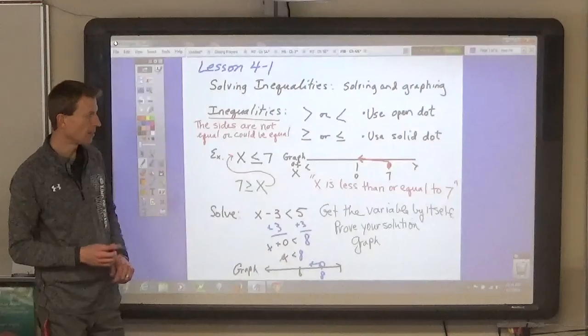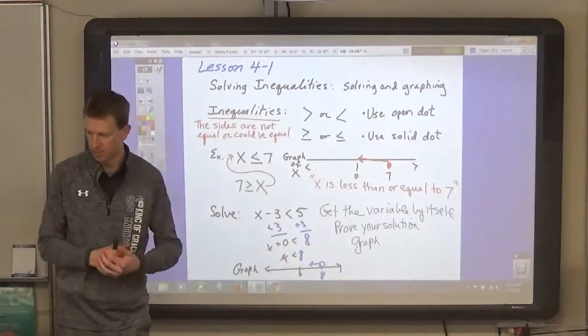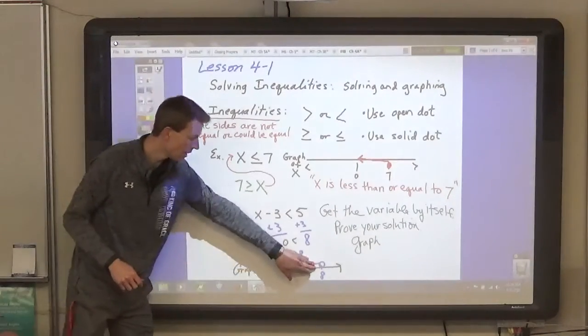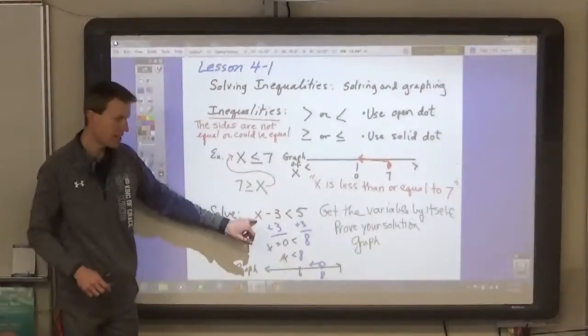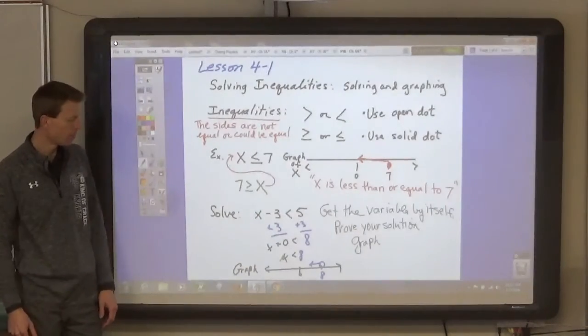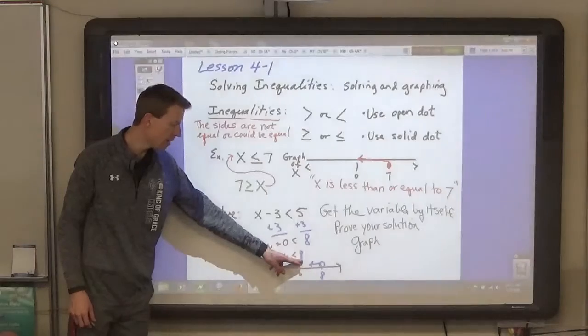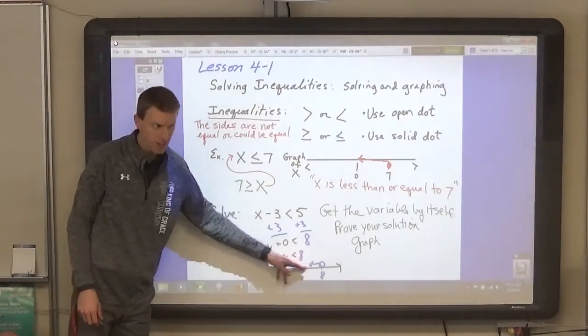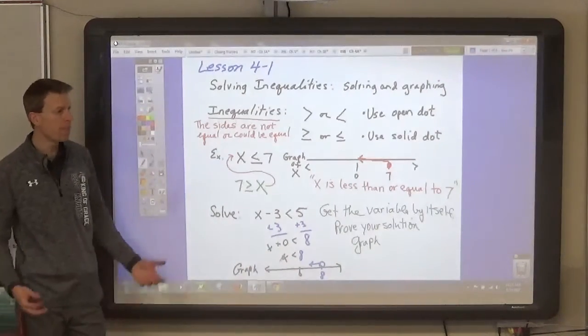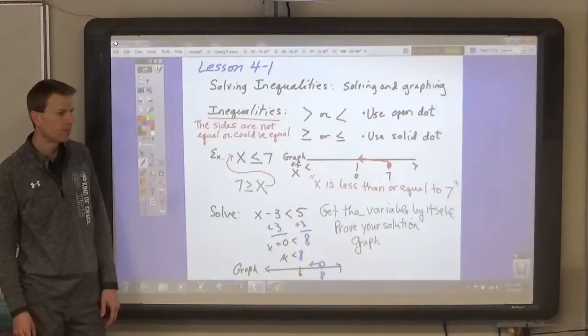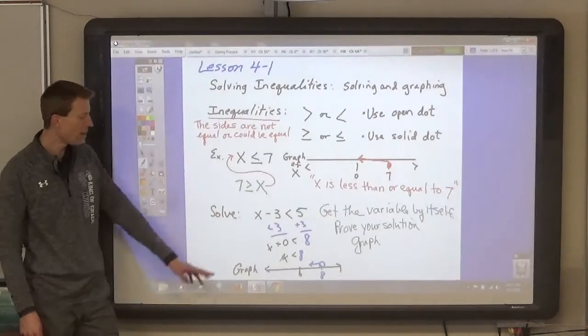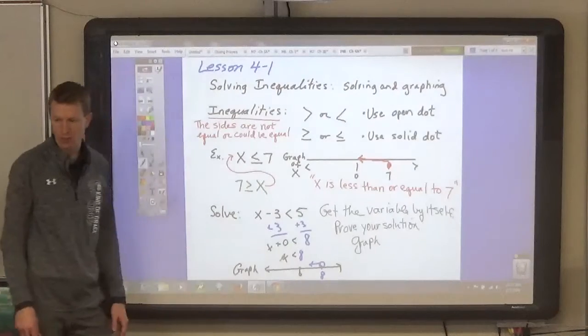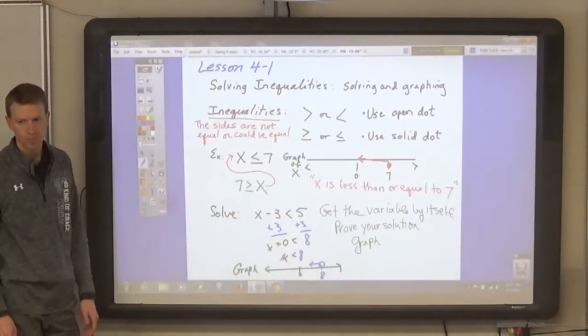There's more than one possible solution in an inequality. It could be anything to the left of 8 from this inequality. Since x is less than 8, any number to the left of 8 on the number line makes it true. That's why you have to graph inequalities in order to see the solution.